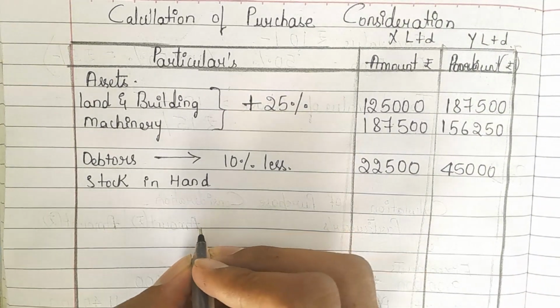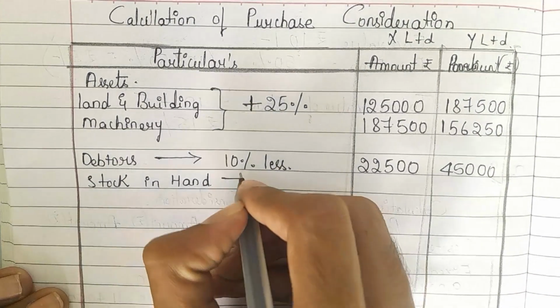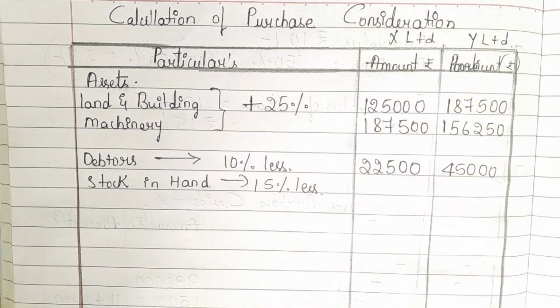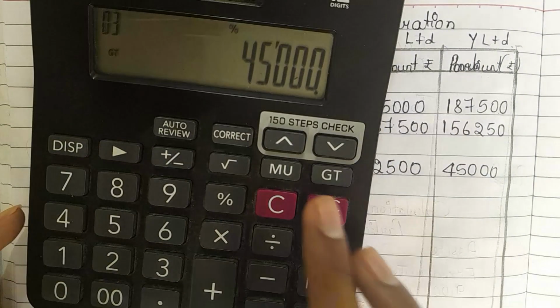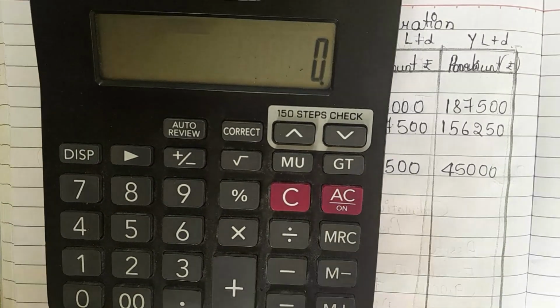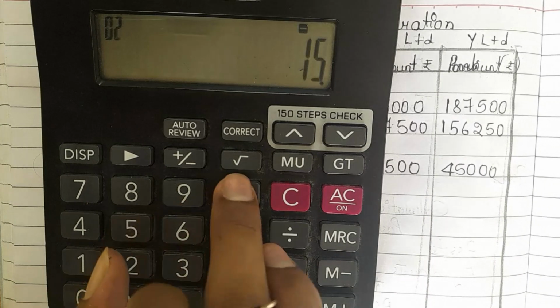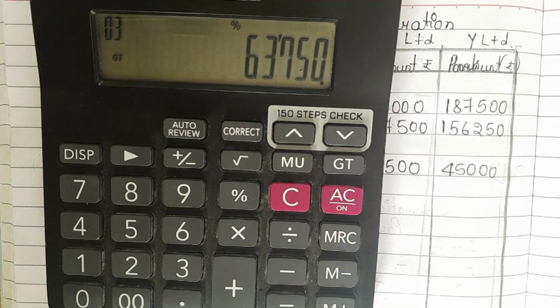Next is stock in hand. Stock is 15% less. X Limited company has stock in hand of rupees 75,000. So 75,000 less 15%. How much is the actual value of stock now? 63,750.